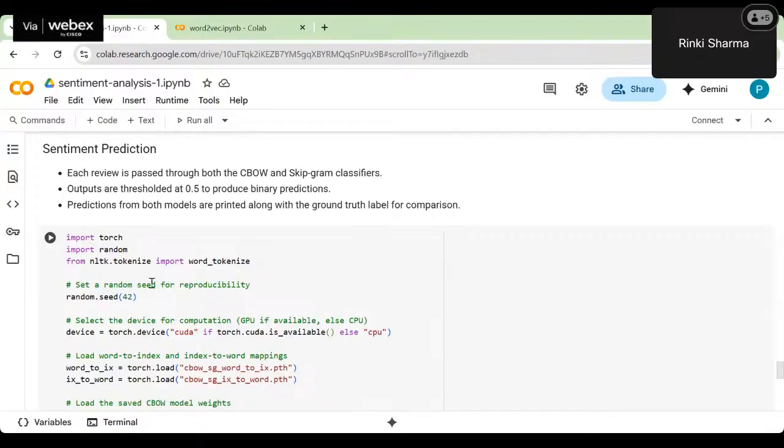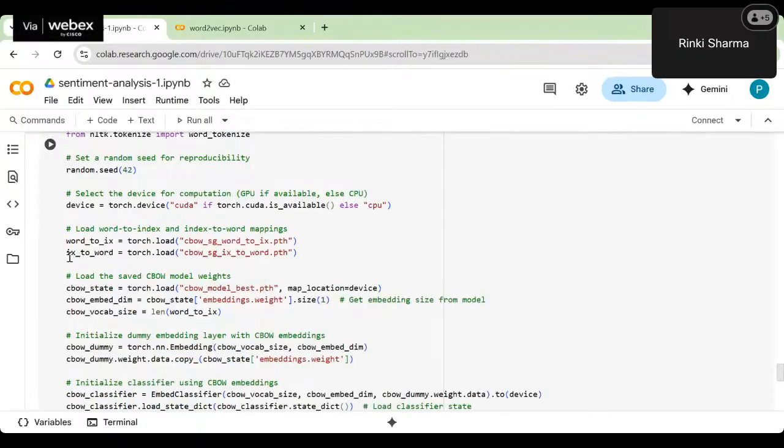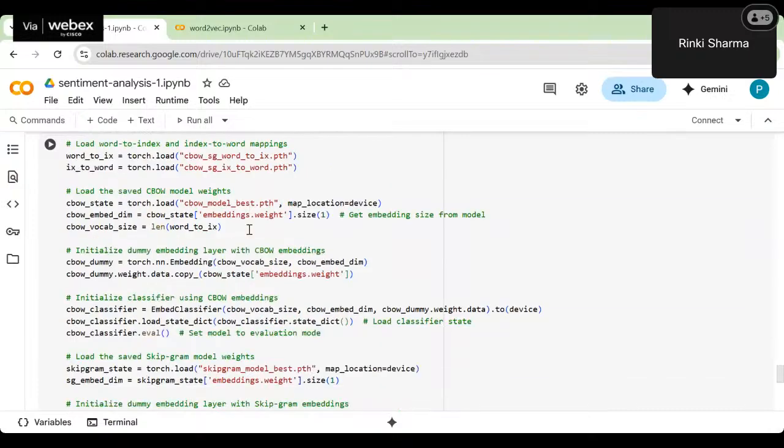Here we load both models: the fully trained CBOW model, the embedding weights of the CBOW model, and the fully trained skipgram model that we have saved for our further inferences.